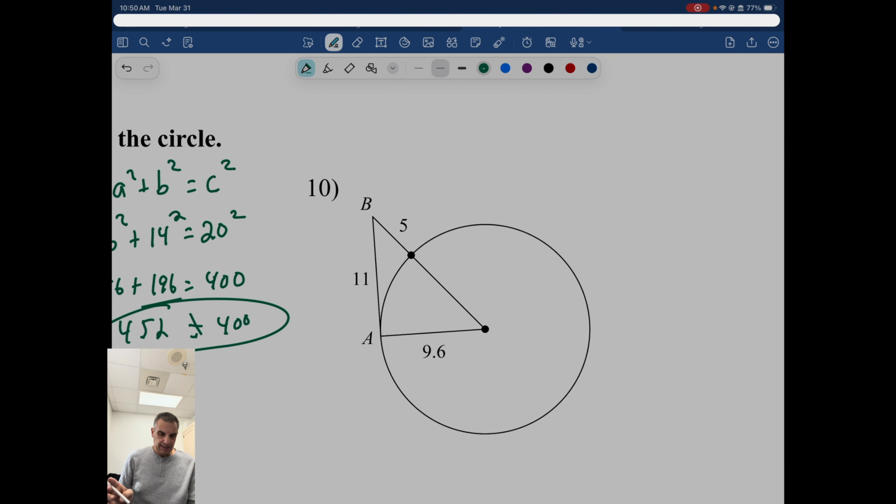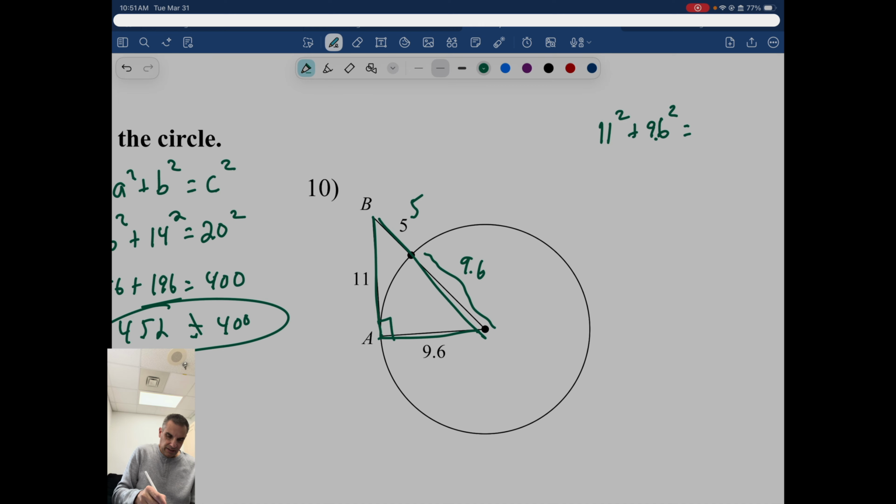Number 10, same concept. We want to know if AB is tangent, so I have to show that that's a right angle. They give me that leg is 11. They give me that leg is 9.6. So 11 squared plus 9.6 squared, that has to equal this whole thing. Well, this is 5. This distance right here, that's my radius, so that's 9.6. So my whole hypotenuse is going to be 5 plus 9.6, which is 14.6.